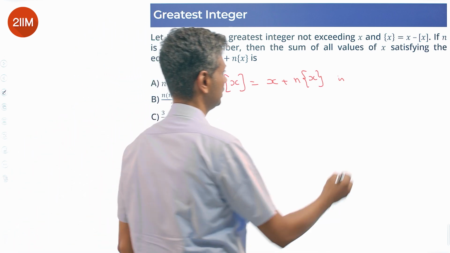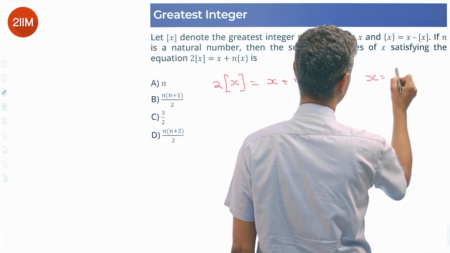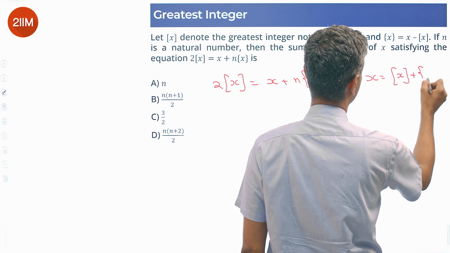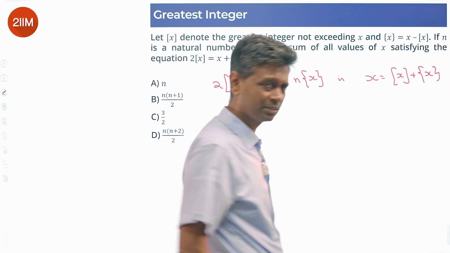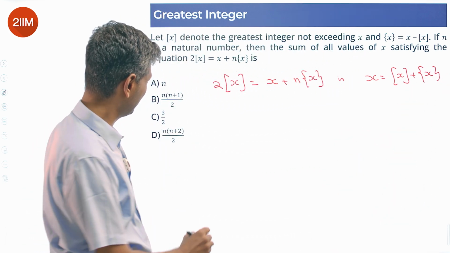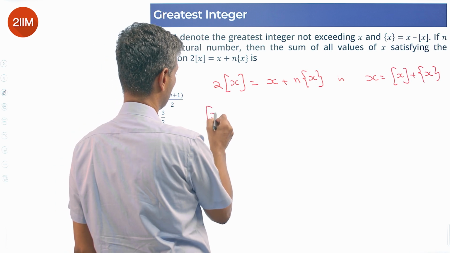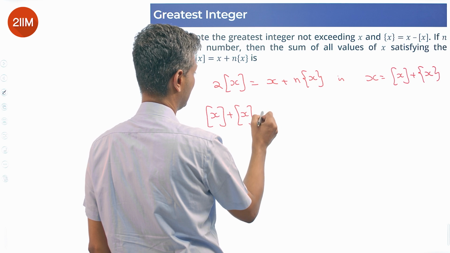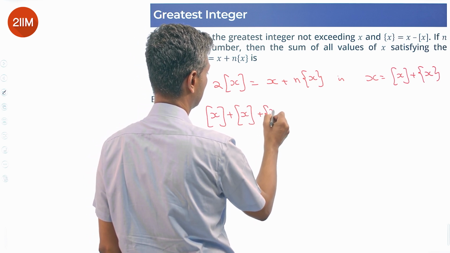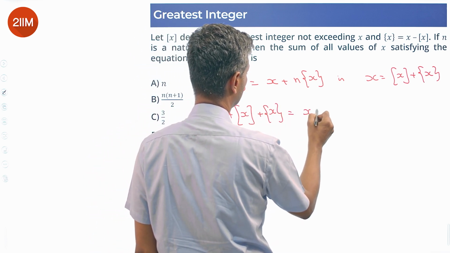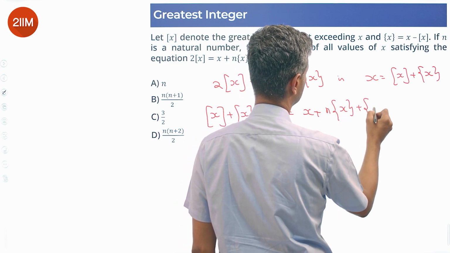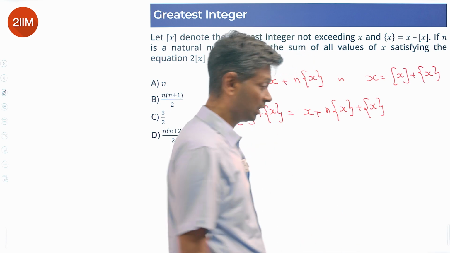I know that x is nothing but greatest integer of x plus decimal part of x, the remaining part of x. So what I'm going to do, I'm going to write this as greatest integer of x plus greatest integer of x, and then add the decimal part of x, equal to x plus n times greatest integer of x plus n times decimal part of x plus decimal part of x.